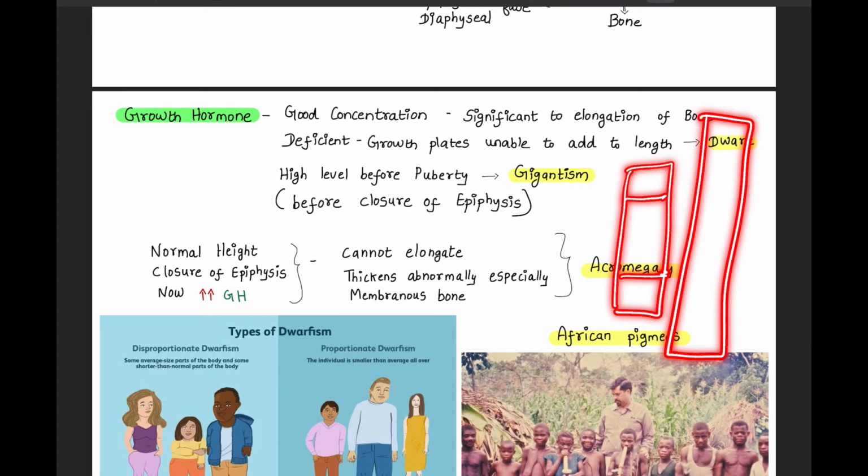So it will lead to gigantism, that is, these persons will have a height which is above the average height.